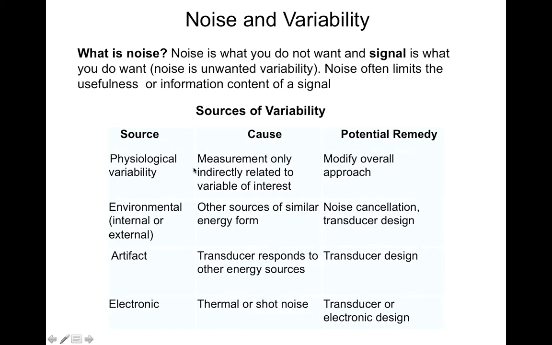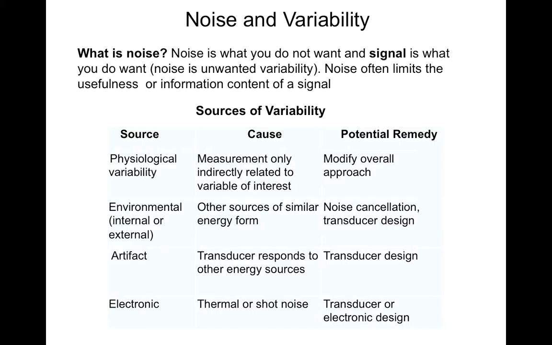In the physiological variability, your measurement would be sort of indirectly related to the variable of interest, and it's easier to think of concrete examples when you think about internal. And these divisions here, really all of these divisions, are just semantics.